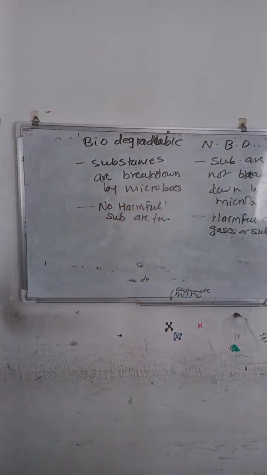Then you can write the examples. Examples of biodegradable are domestic waste products and sewage. DDT and polythene bags come under non-biodegradable. So these are the examples. This is a very important difference, and there is a high chance this question will be asked. Now next one.